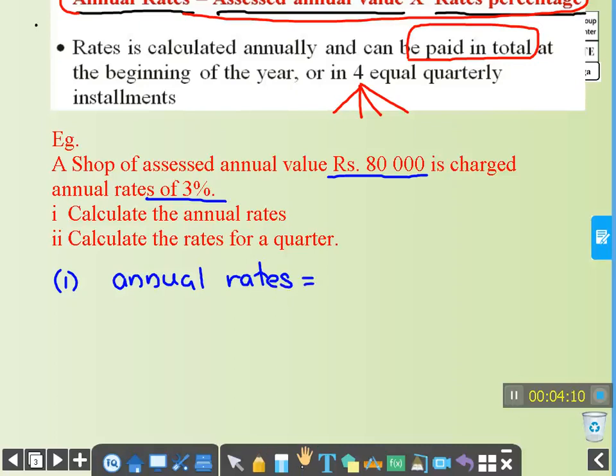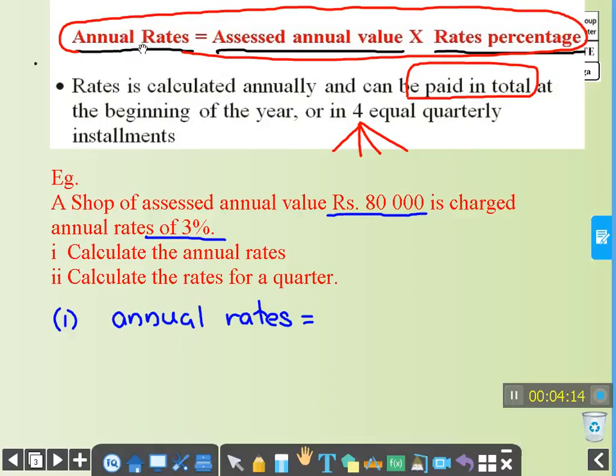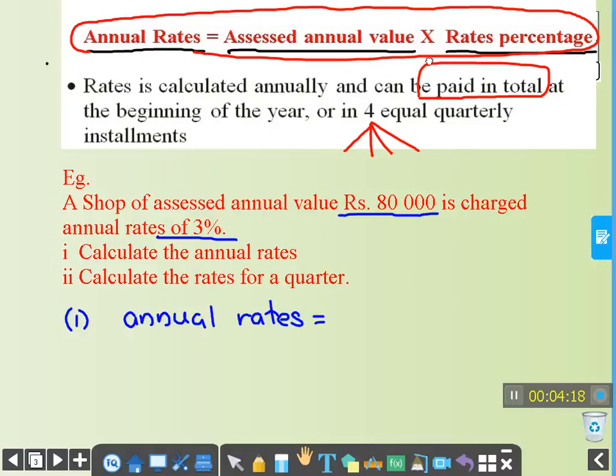Right. Here we studied a method to find annual rates. Focus on that method. Annual rates equal assessed annual value multiplied by rate percentage. According to this question, assessed annual value is 80,000 multiplied by the rate percentage.